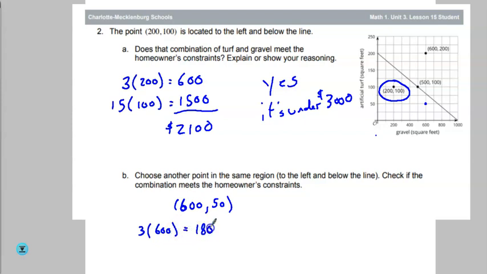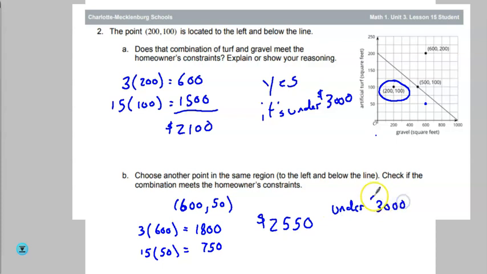That would be $1,800. $15 for the 50 square feet of turf, and that's $750. And when you add those together, you would get 2,550. And again, below, under the 3,000, under budget, right?